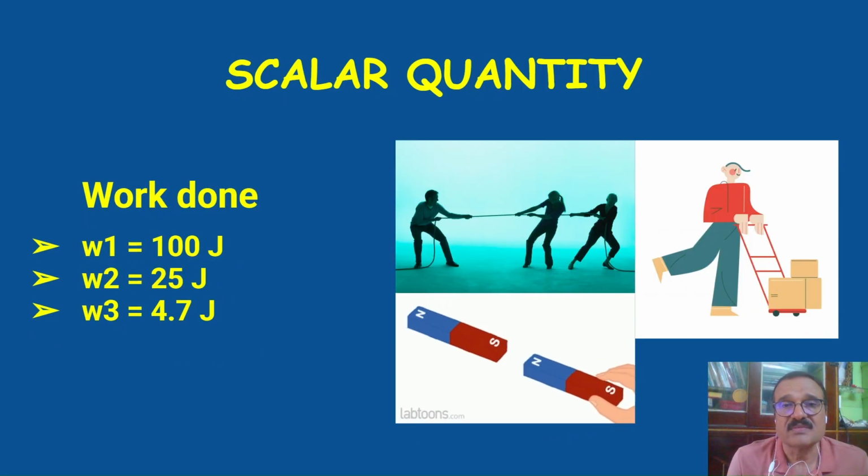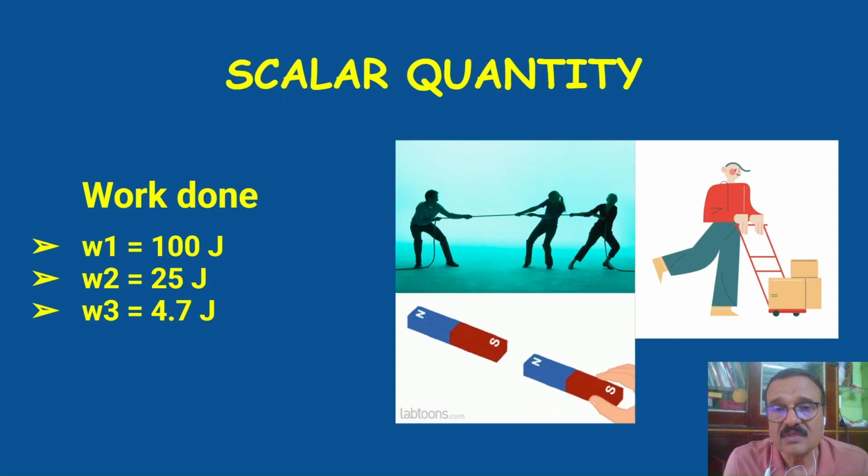Then work done as a scalar quantity. In the first image, we see that two girls and a boy to the left are actually pulling the rope in opposite directions. If the force applied by the two girls and the boy to the left are equal, then they will not be able to move.